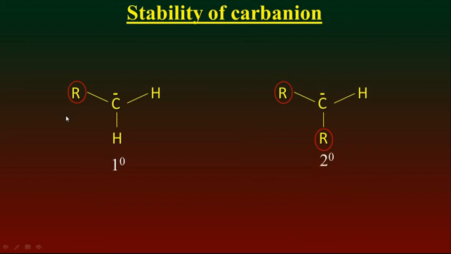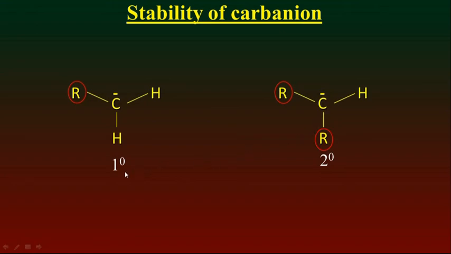When we compare 1 degree and 2 degree carbanion, we can say that 1 degree carbanion is more stable than 2 degree carbanion, because the 1 degree carbanion contains one alkyl group and the 2 degree carbanion contains two alkyl groups, and hence the two alkyl groups donate more electrons to the negative carbon atom, which is already in octet condition.